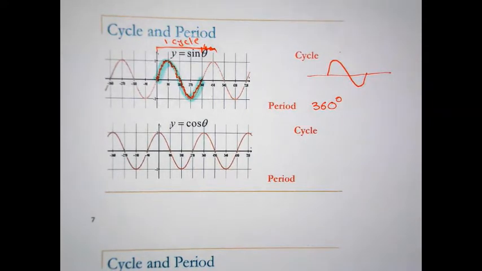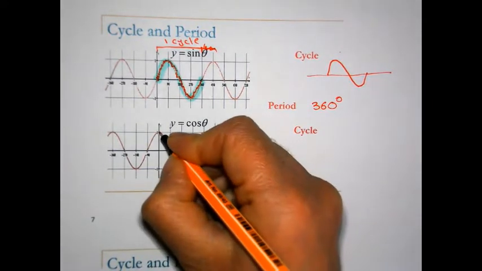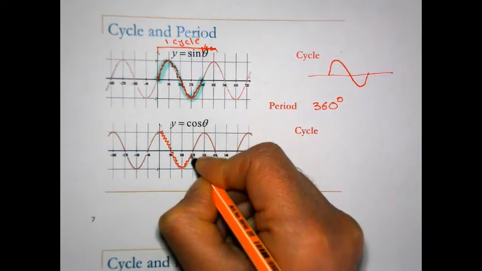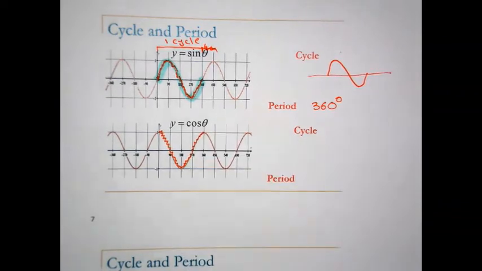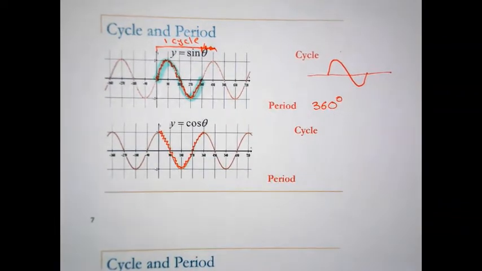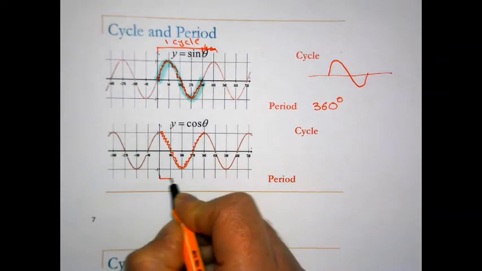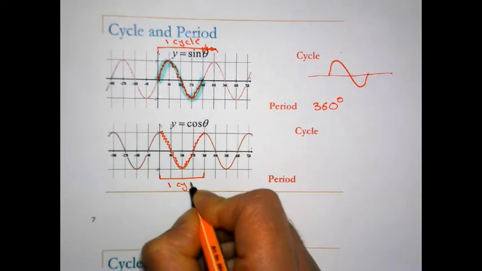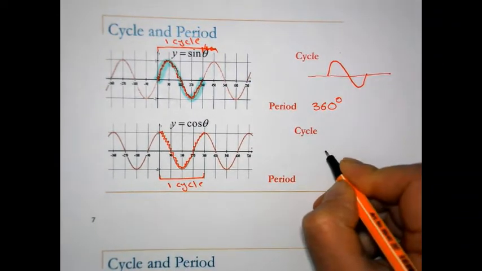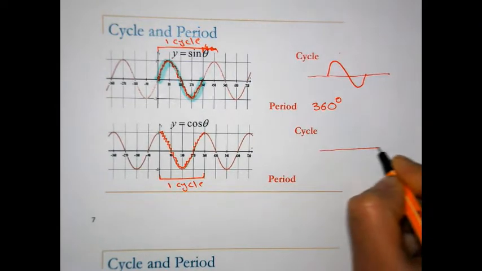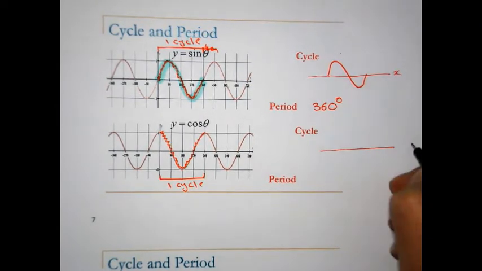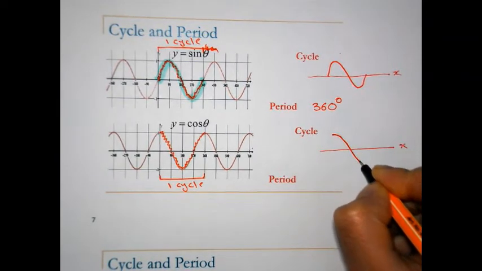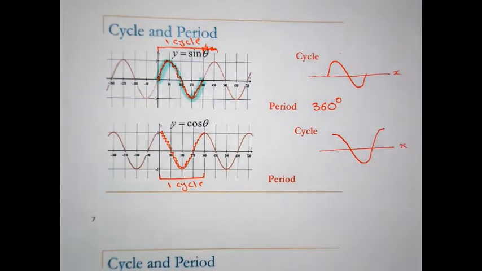Now we look at the cosine function. Again, the smallest repeating unit that we can copy and paste is this one. So this is actually considered one cycle. So if this is our x-axis, it looks like this.